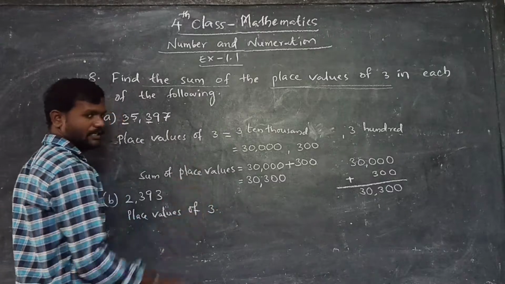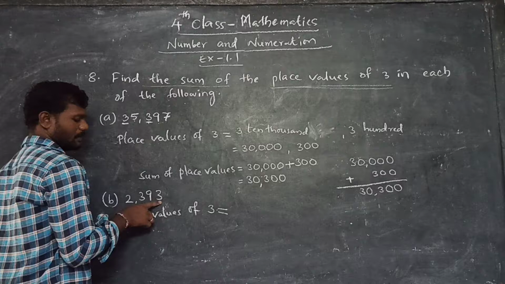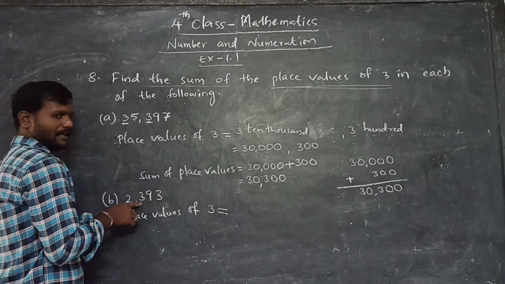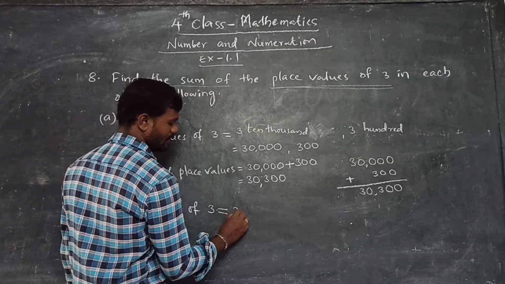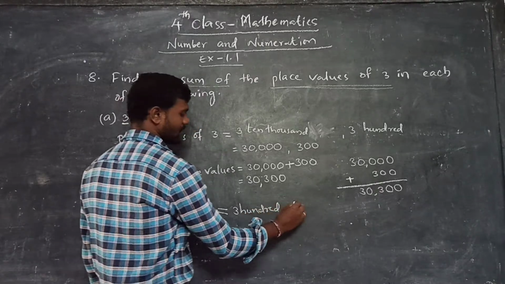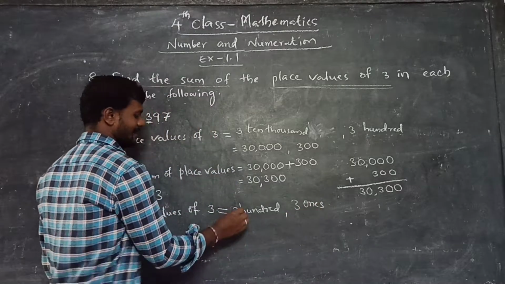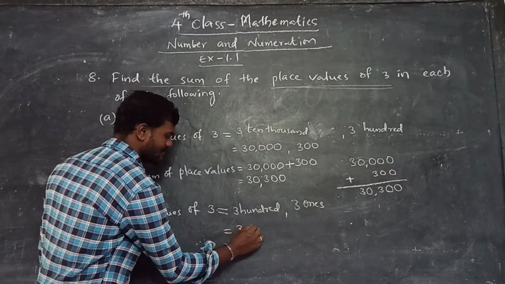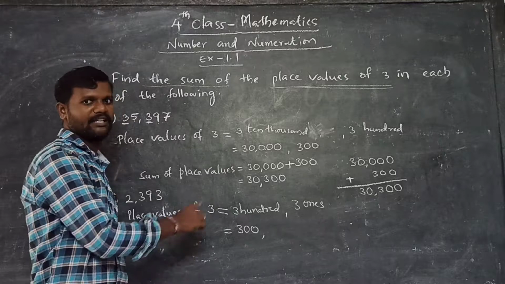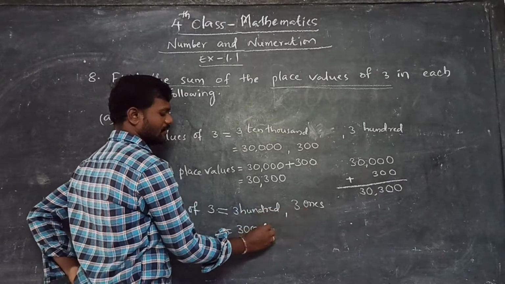Place values of 3. What are the place values of 3? 3 is in ones place and 3 is in hundreds place. So 3 hundreds, comma, 3 ones. 3 is in hundreds place, so its place value is 300. 3 into 100, 300. Next 3 is in ones place, 3 into 1, 3 only.